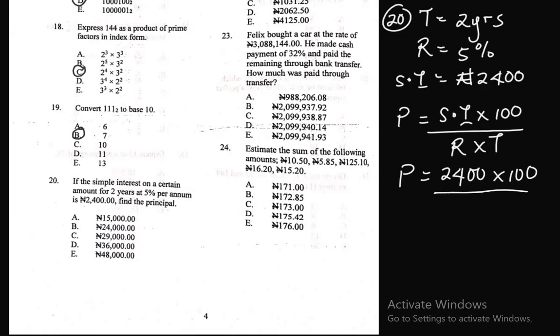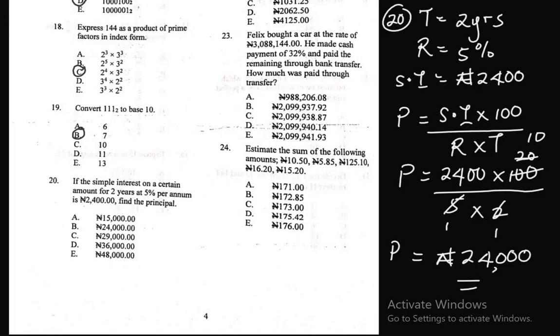Now you divide by the rate, which is 5, times the time, which is 2. 5 into 100 is 20. 2 into 20 is 10. So 2,400 times 10 will give me 2,400, then you add 0 to it. That's 24,000 naira is the principal. The right option is obviously B.